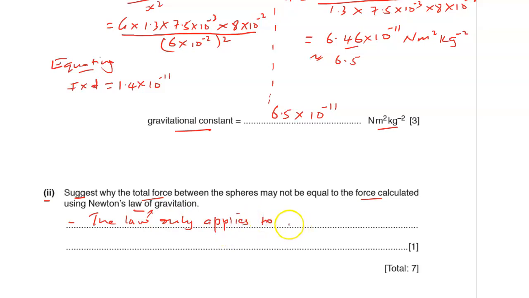Newton's law of gravitation only applies to point masses. Point masses are masses that are not under any influence other than those two. Spheres L and S are not point masses.